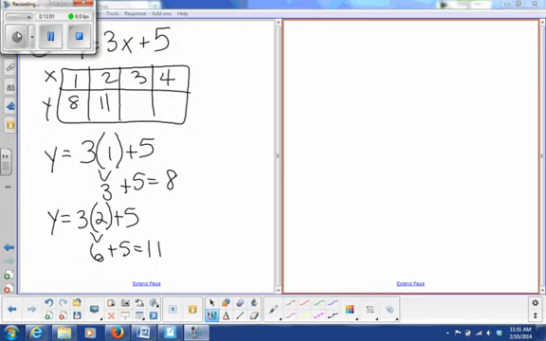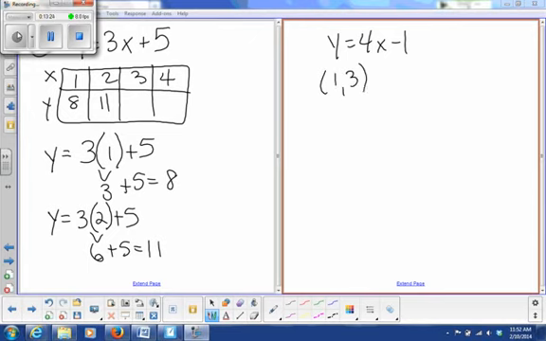Moving on. Looking at numbers 4 through 8, it's asking us if the ordered pair makes this equation true. So we have y equals 4x minus 1, and then it gives us a coordinate pair, which is 1 and 3.